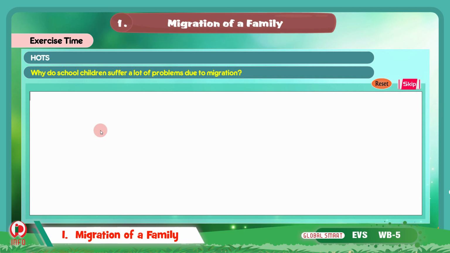But when they migrate and join a new school, the teachers will be different, the classmates will be different, the school staff are also different, and the climate also will be different for them to adjust to. That is the reason why school children suffer a lot of problems due to migration.